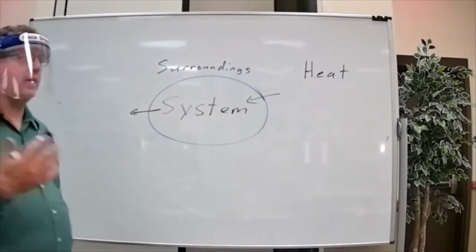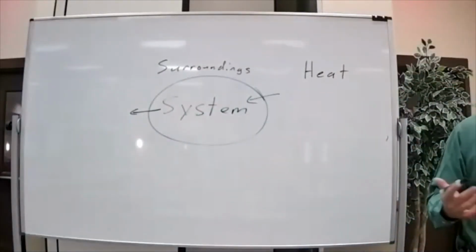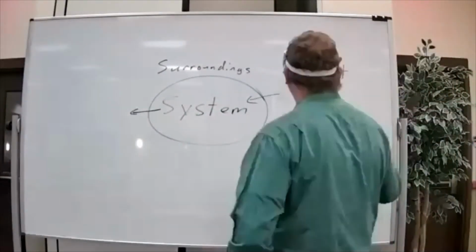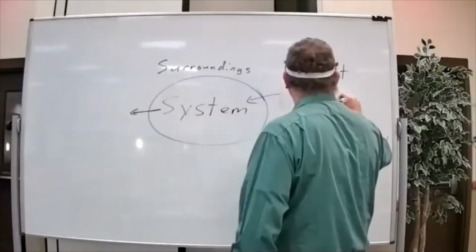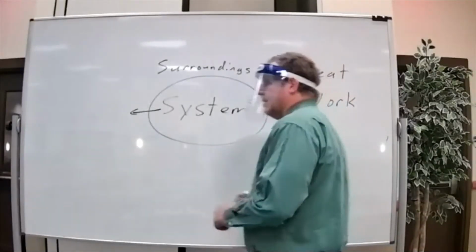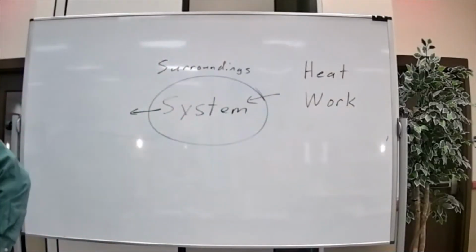But there's another type of energy that we need to take into account going into and out of our system. And I know heat's a four-letter word, so is the other one I'm going to put up here. And that's work. Now, we're not going to spend a lot of time on work in this class.